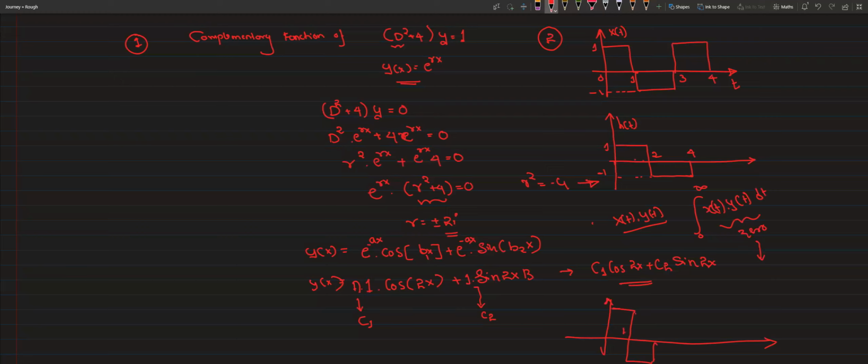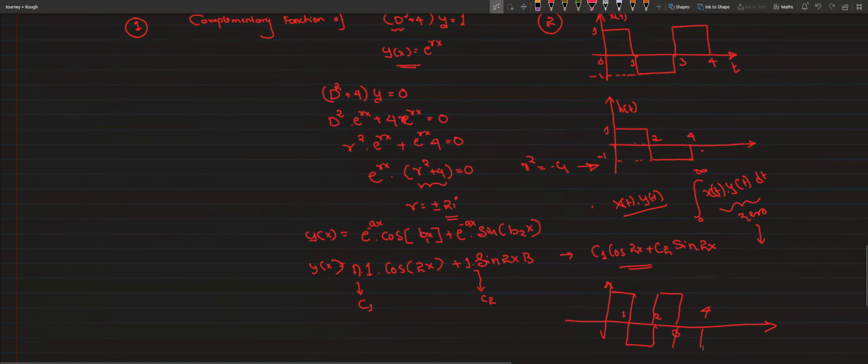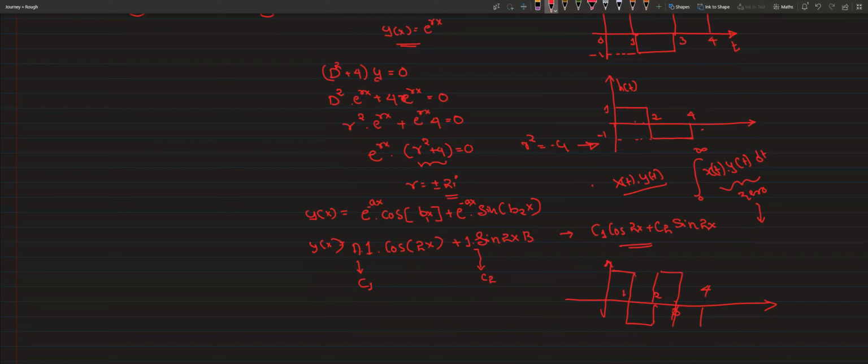From 2 to 3, this is -1, this is also -1, so it becomes 1. From 3 to 4, this is -1, this is +1, so it is -1. This is h of t into x of t.